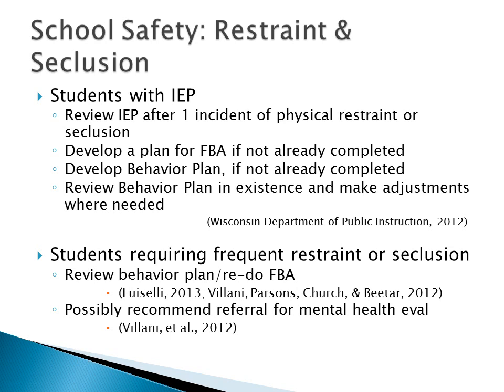If the restraint and seclusion is happening, then a review of the existing behavior plan needs to happen and adjustments should be done. For students who are requiring frequent restraint or seclusion, an in-depth review of the behavior plan or redoing the functional behavior analysis needs to occur. Additionally, a possible recommendation for referral for mental health evaluation could be needed.